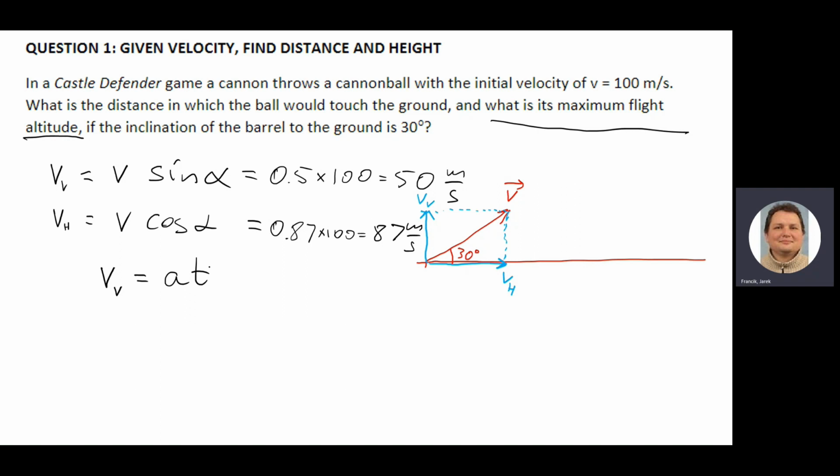That's the formula used by us previously. Okay, in this case, this acceleration is gravitational acceleration, so this is GT. All right. From this formula, we can find T as vertical velocity divided by G, and vertical velocity is 50 divided by 10. We get 5 seconds.